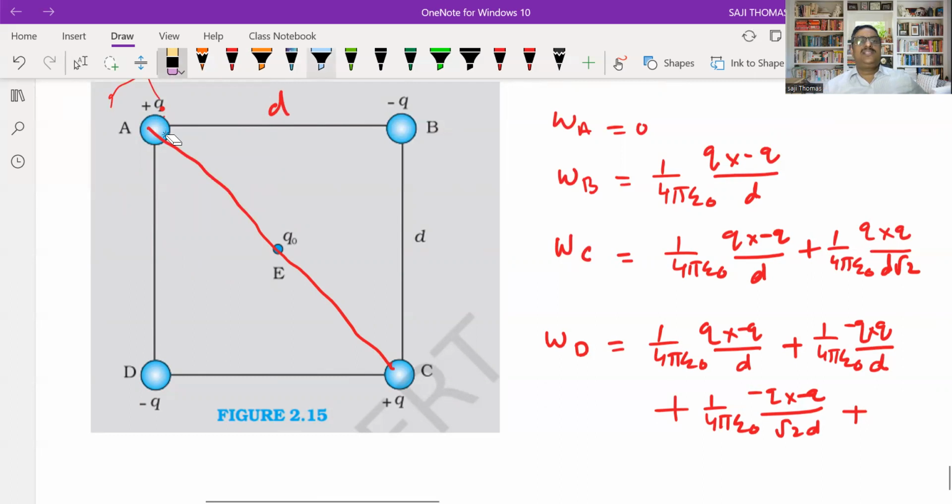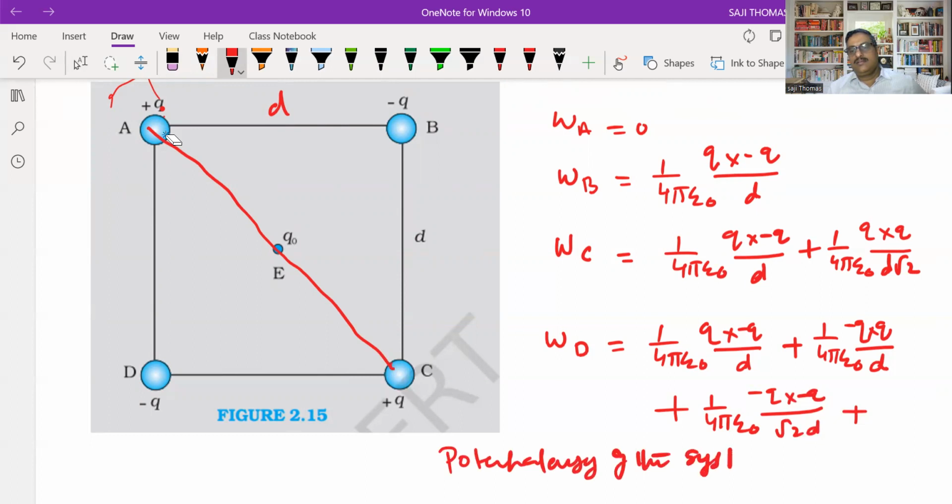So what is the total potential energy? Add all this work. Okay, when you are adding, see, first term is what? 1 by 4 pi epsilon 0, minus q square by d. Then again, there is one more term, 1 by 4 pi epsilon 0, minus q square by d.